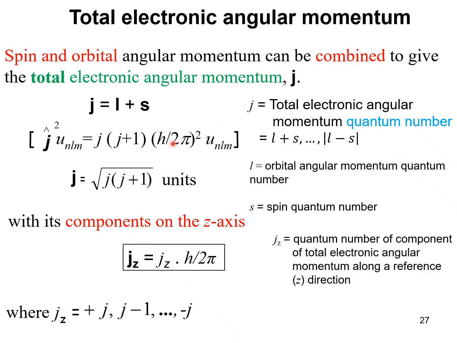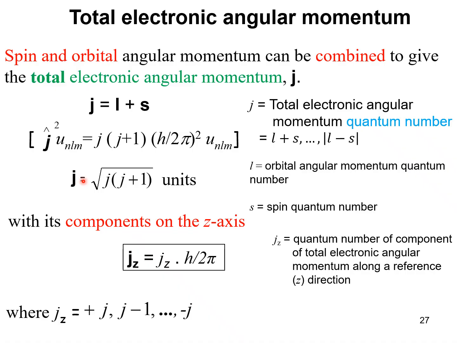So the solution gives us the magnitude of the total electronic angular momentum, which is the bold letter J.